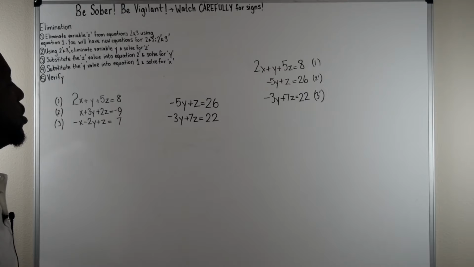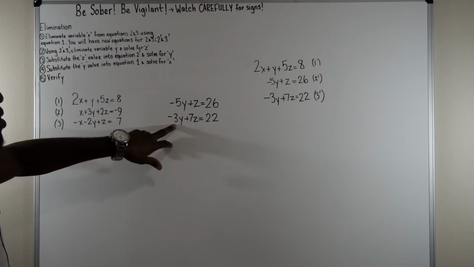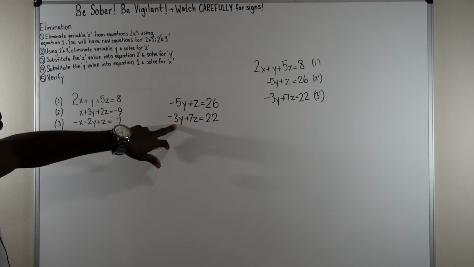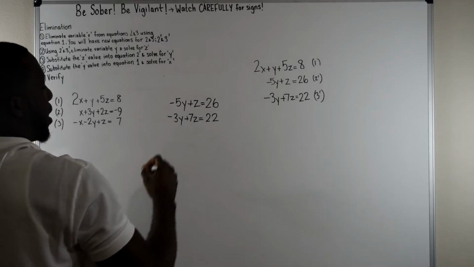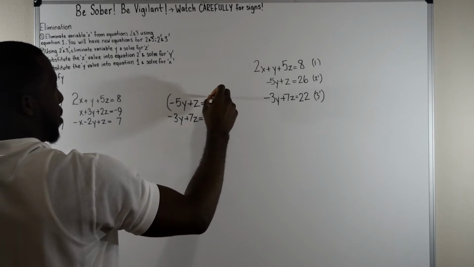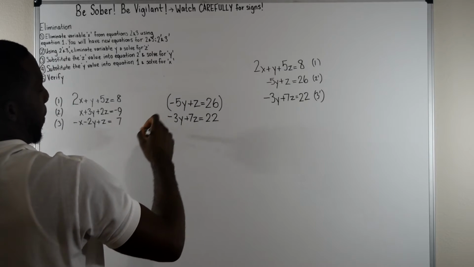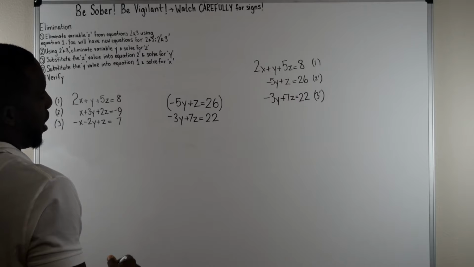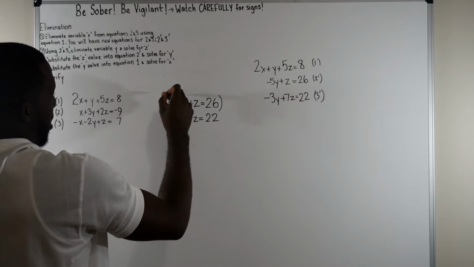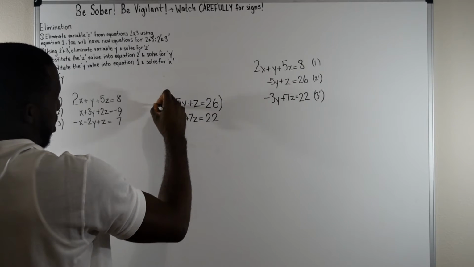All right, so I want to get rid of this y. So what I'm going to do is I'm going to multiply the top by what? What do you think I'm going to multiply the top by? I'm going to multiply the top by 3.